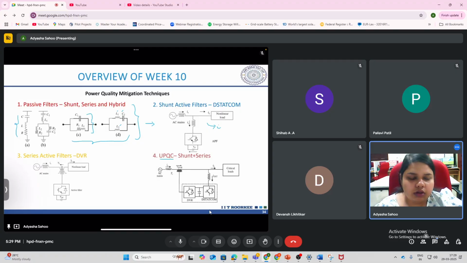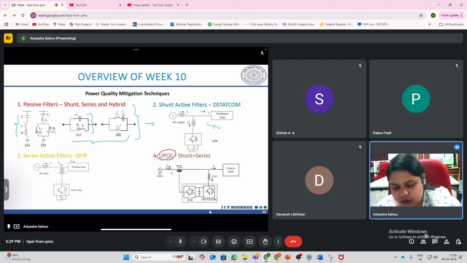To mitigate these harmonics, we can install filters in the system. They can be passive or active. The active ones we can classify as shunt or series. And lastly, we have a combination, shunt plus series active filter, which is your unified power quality conditioner, UPQC.